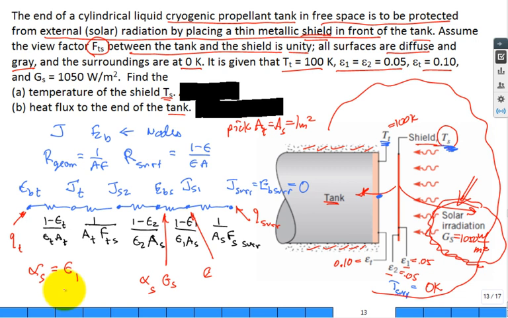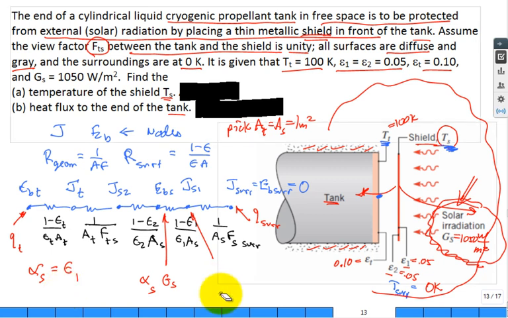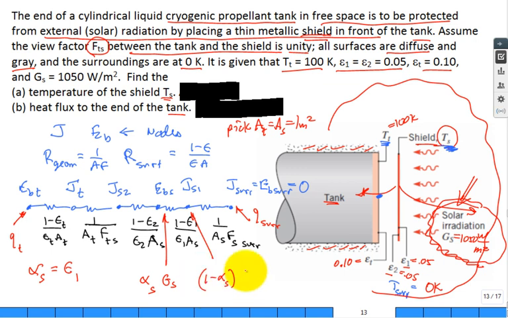So basically 1/20th of the load would be absorbed. Where would 19/20ths be? Where would the 95% go? Be reflected. And so here you could put 1 minus alpha S times G sub S. Doesn't that add to the outgoing?